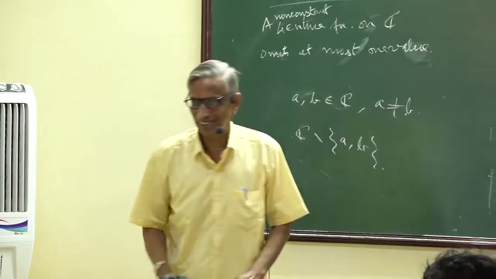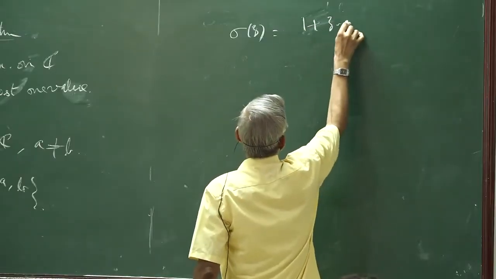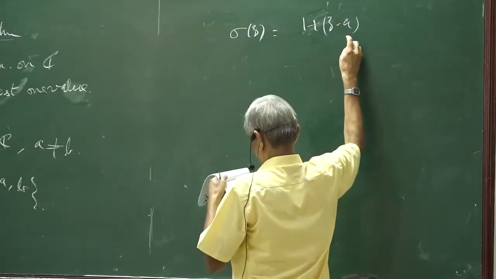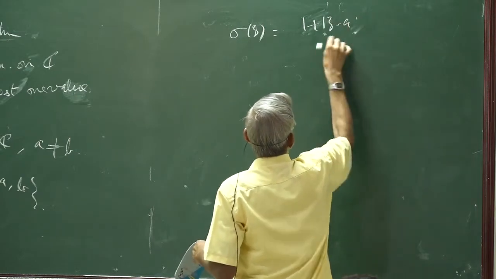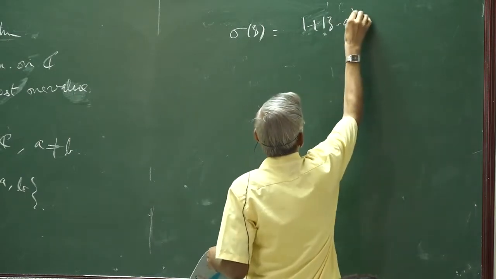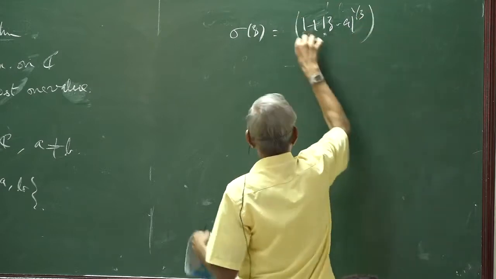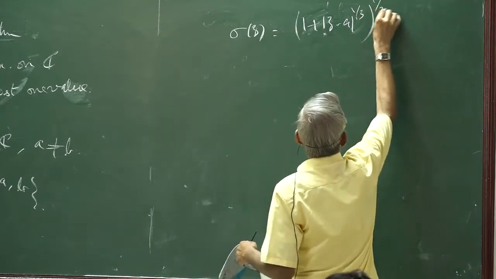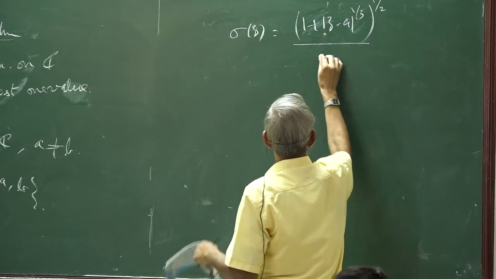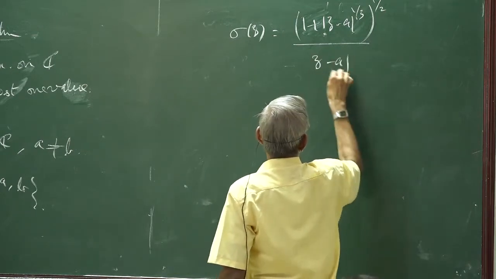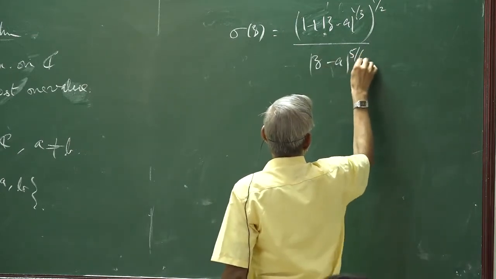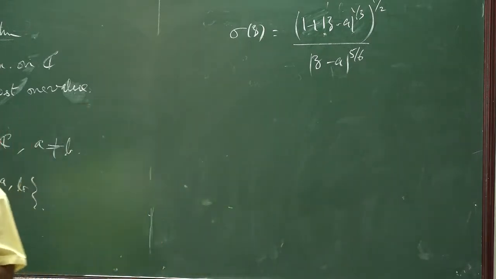It's a complicated expression: |z minus a| over (1 plus |z minus a|^(1/3)) to the power 1/2, and a similar thing for b.